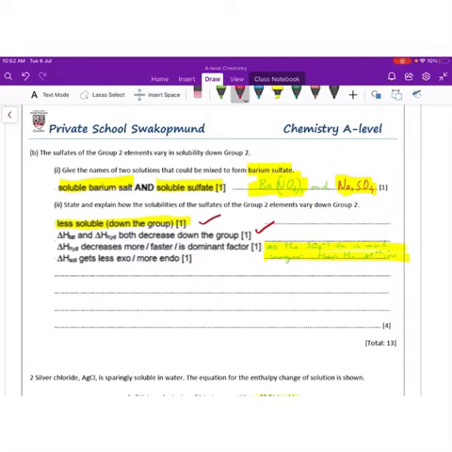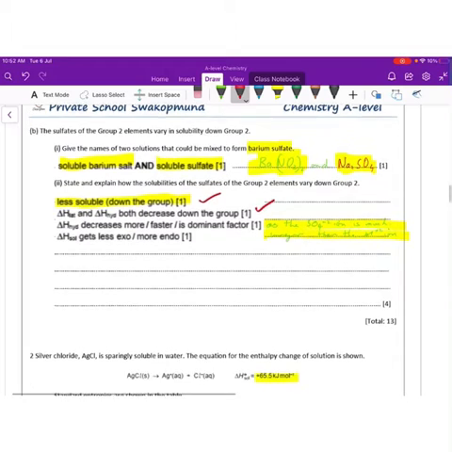And then the enthalpy change of hydration decreases faster. All right. Why? Because my sulfate ion is much larger than my metal ion. So what does that mean? This means my enthalpy change of solution gets less exothermic.